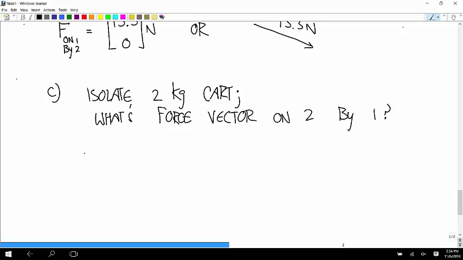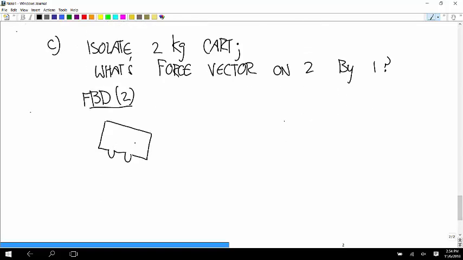So now we have a free body diagram of the 2 kilogram cart. There's a weight force down of 19.62. There's a pushing force up from the ground. I'll call that N2. And over on the right side, that's where it makes contact with the 1 kilogram cart.